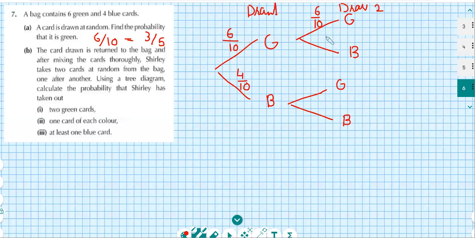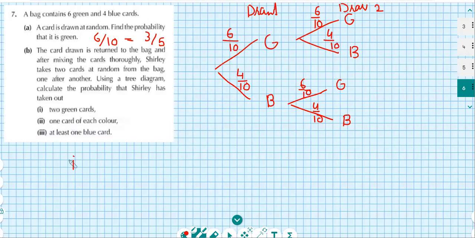Similarly for blue, 4 over 10. And if she gets blue in the first draw, the probability of getting green in the second draw will be the same, 6 over 10, and 4 over 10 for blue. So this is the complete tree diagram for this particular experiment.